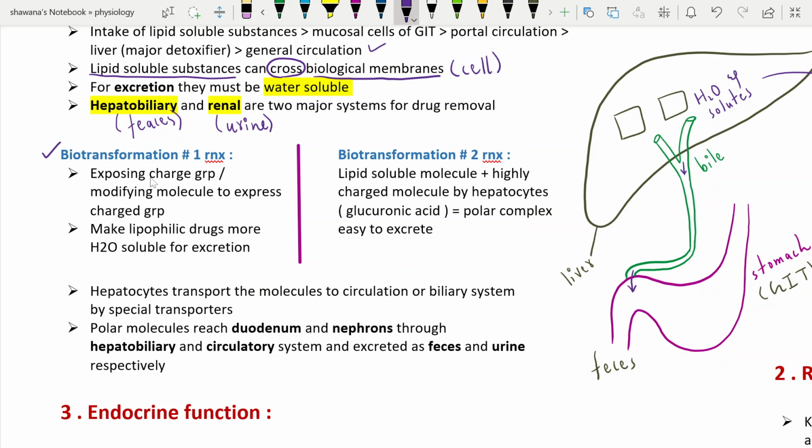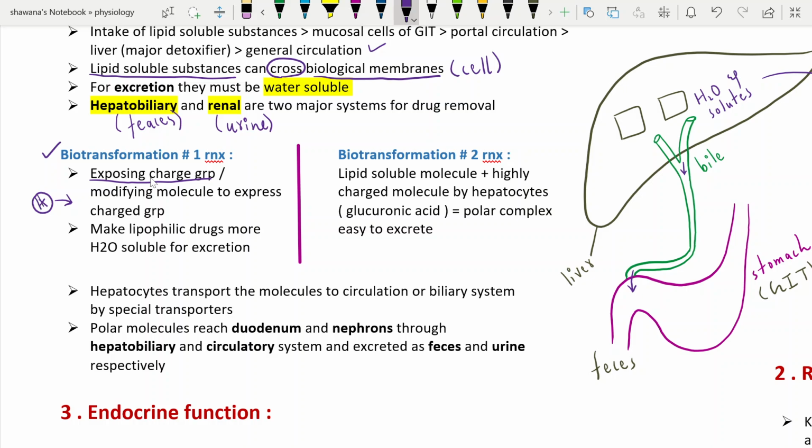So the drug molecule exposes a charged group. You know that ions are more water soluble. For example, an ion cannot cross the plasma membrane easily, just as polar substances cannot cross the cell membrane.